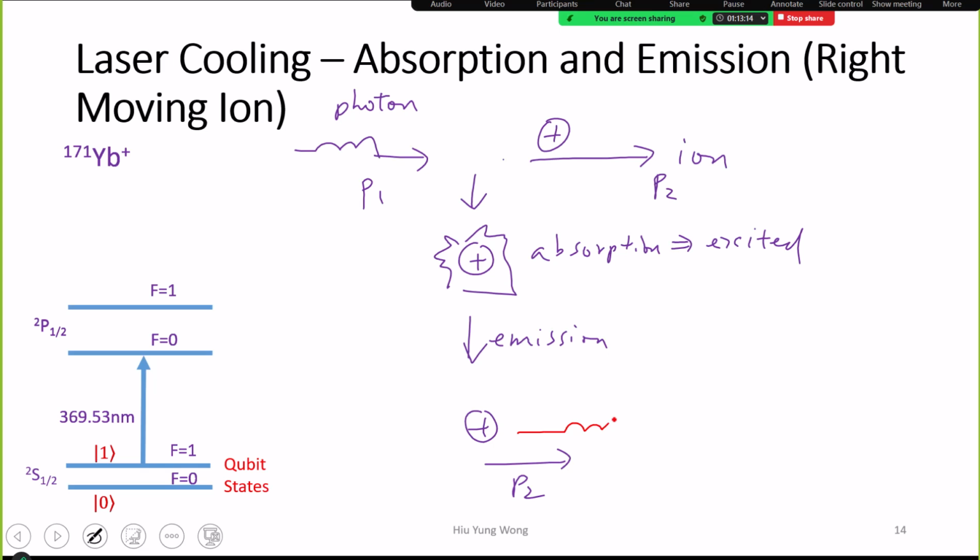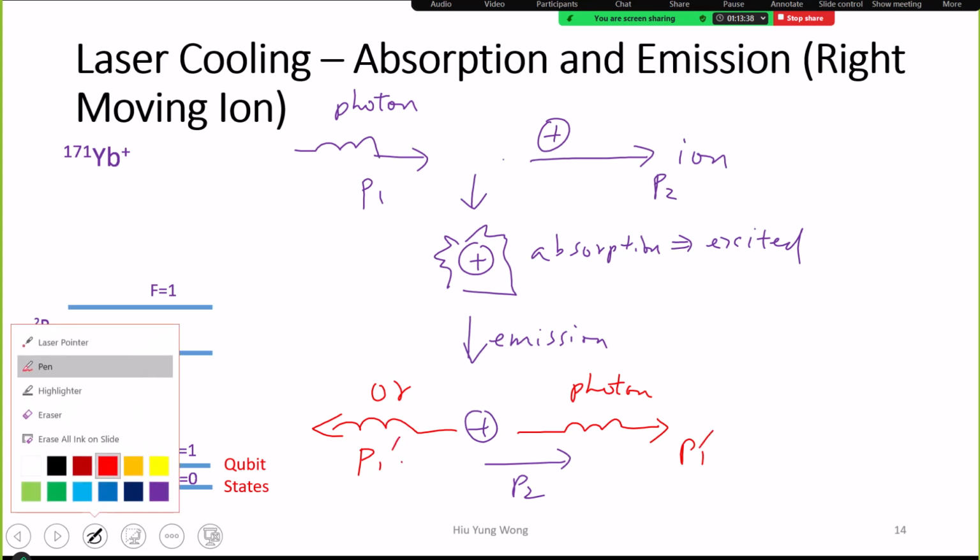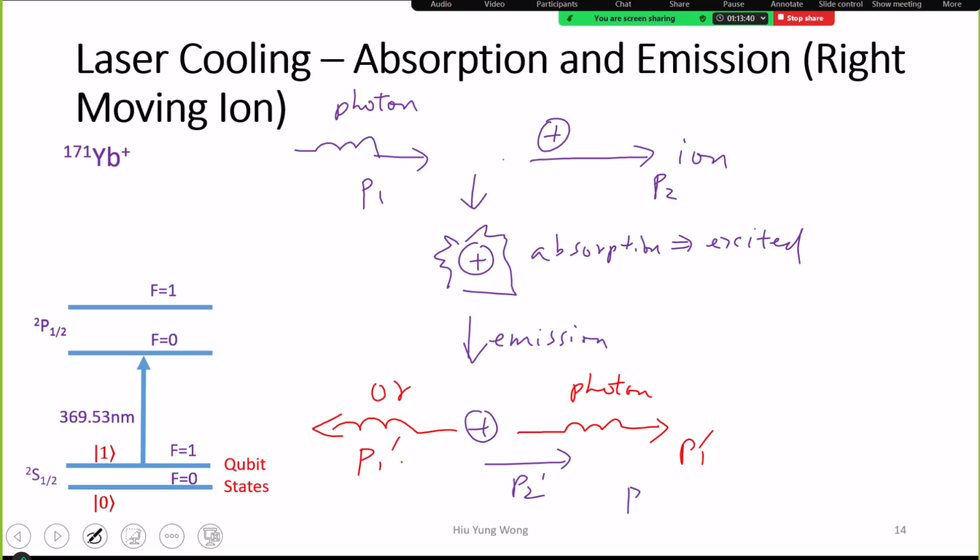You might be emitting the photon in this way, which is okay. You don't change your momentum. But you might also be emitting in this way, right? Then in this case, you are actually increasing P2.